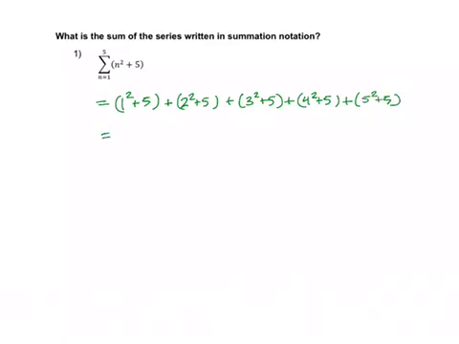So this is the same as 1 plus 5 plus 4 plus 5 plus 9 plus 5 plus 16 plus 5 plus 25 plus 5, right? So when I add everything, it is going to be 80.